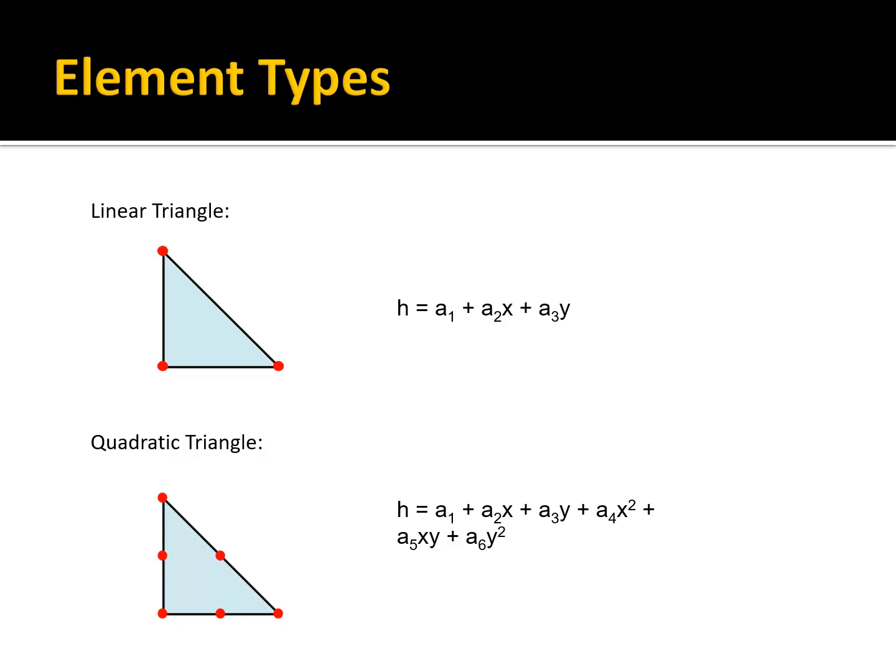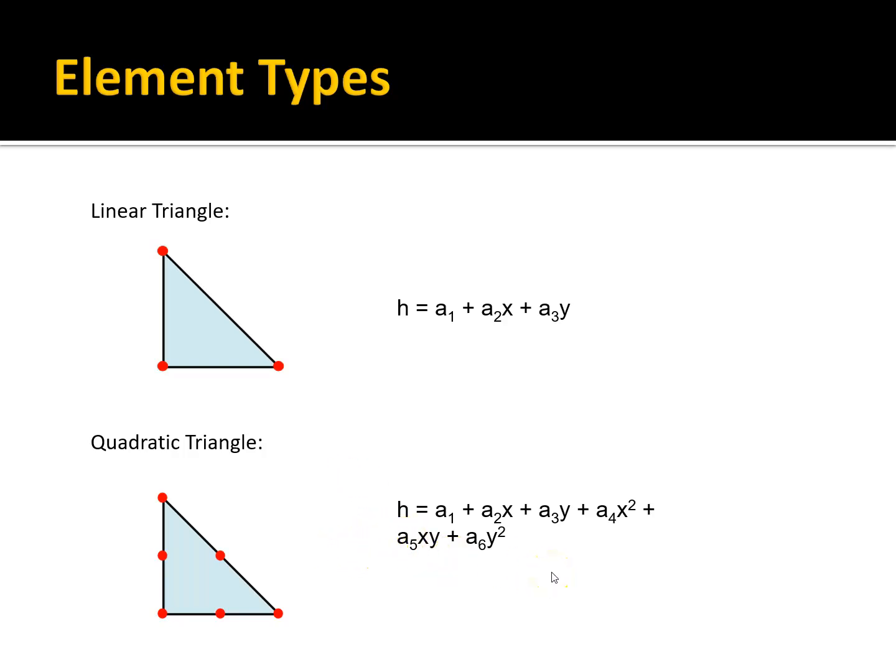Another way to do this, instead of assuming that the head varies linearly across the face of the triangle, you can assume that it varies in the form of a quadratic surface. So now you add nodes at the midpoints of the edges, and now the equation takes on x squared, xy, and y squared terms. So in this case we had 3 coefficients, now we have 6 coefficients.